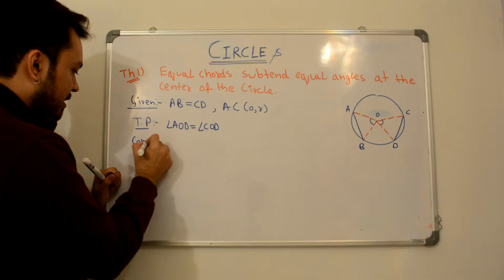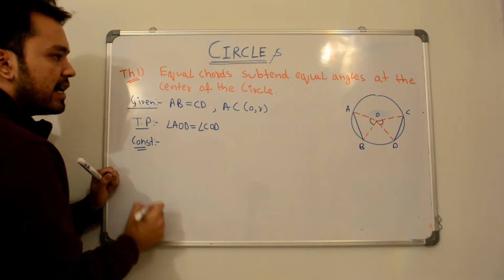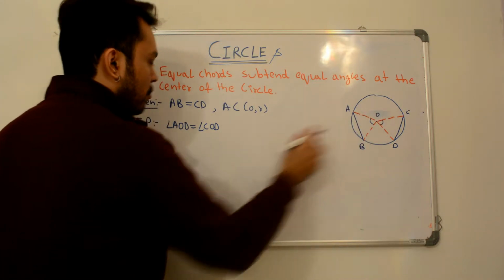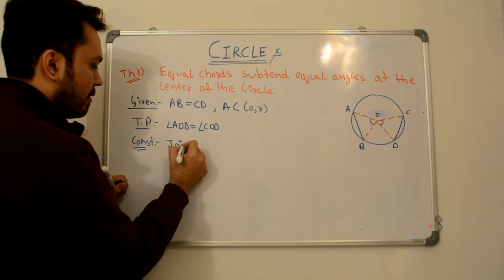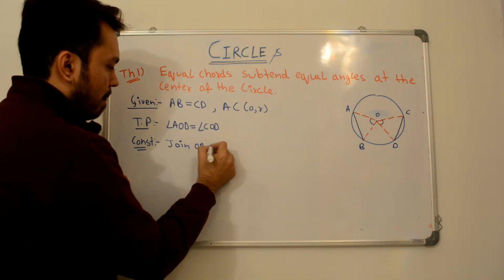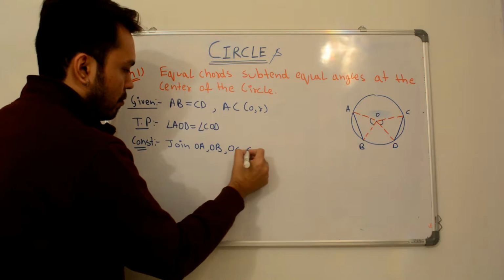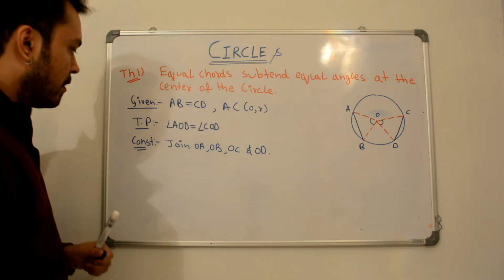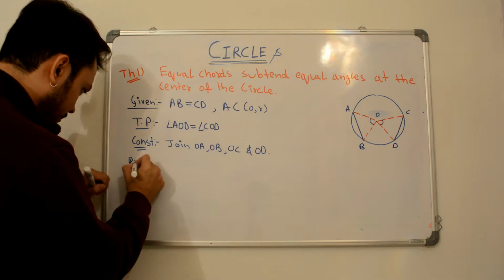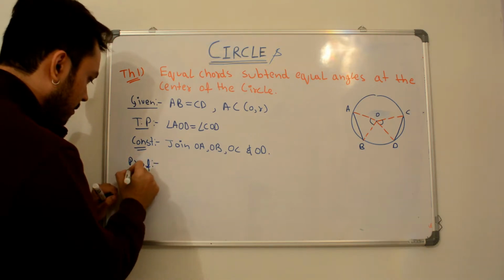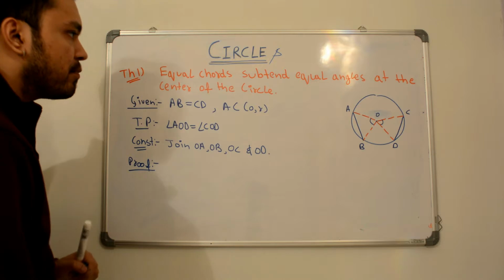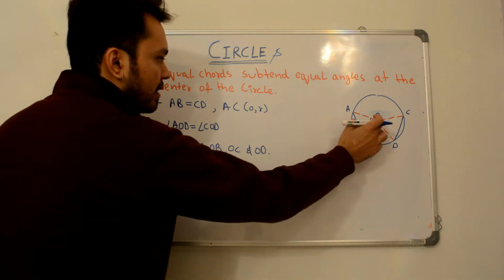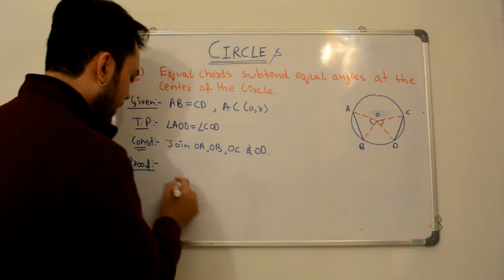Do we have to do any constructions? Yes, we have to do. What is that? Join OA, OB, OC and OD. Now, the proof is very simple. What is the proof? We take two triangles AOB and COD.